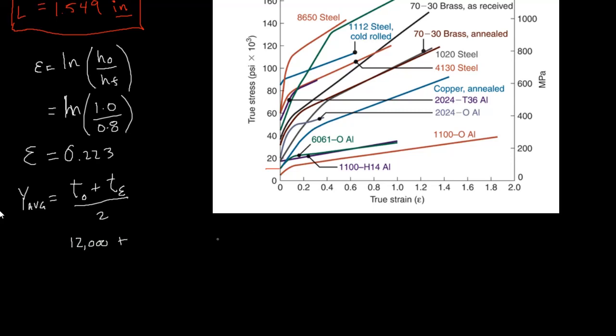So 12,000 plus, for that 0.223, we'll mark this one too. So 0.3 would be here, and 0.25 would be here, so 0.225 would be here. That's pretty close to where we're at. If we draw a line upwards and then a line across, we get about 40,000 psi.